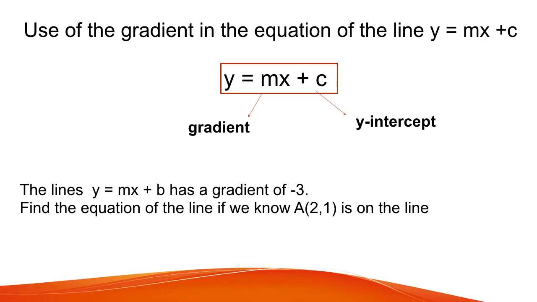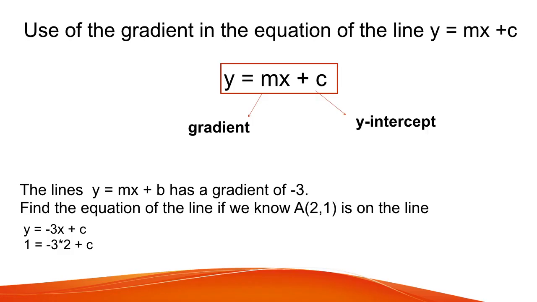All we know is that y is equal to minus 3x plus c. So you already know the gradient. And then when the point is on the line, remember the point (2, 1), 2 is the x coordinate and 1 is the y coordinate. So you need to solve for c. You need to substitute the x coordinate and the y coordinate there.